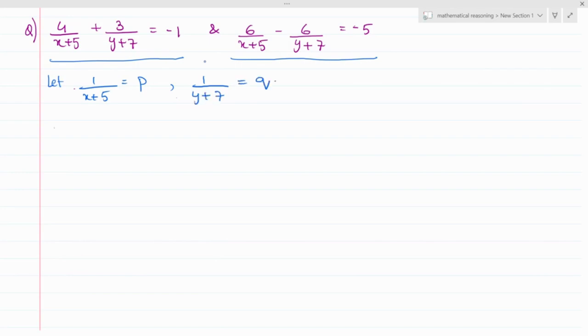When you do this, from the first equation we get 4p + 3q = -1, and from the second equation we can write 6p - 6q = -5. So these are the two linear equations, and first let's solve for the p and q variables, and according to that we can find the x and y variables.